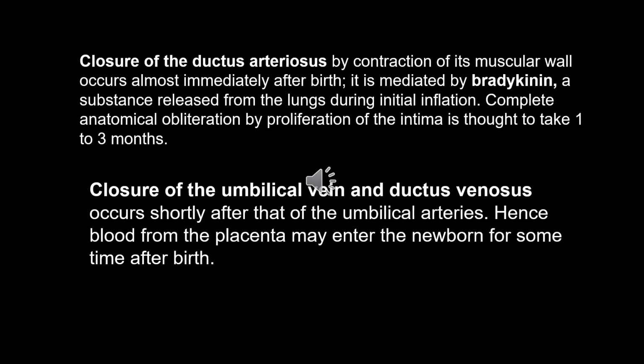So 2 arteries, 1 vein, please remember, though initially there are 2 veins, but the right umbilical vein will disappear, leaving the left umbilical vein. They fondly describe it as left is left behind.